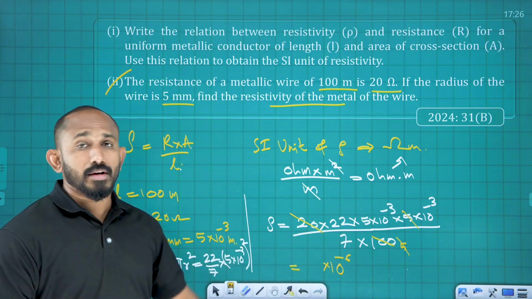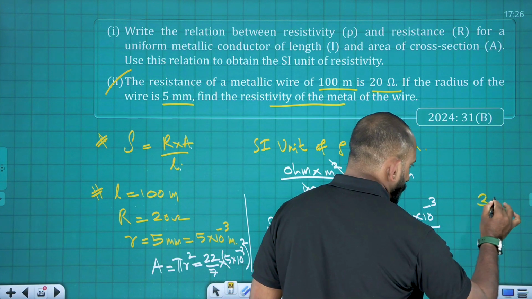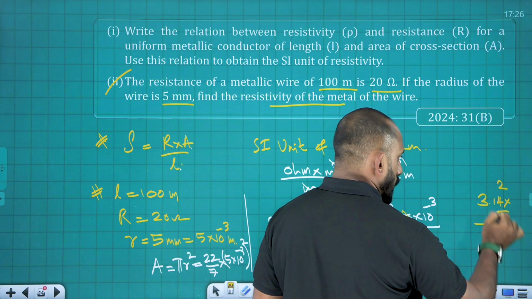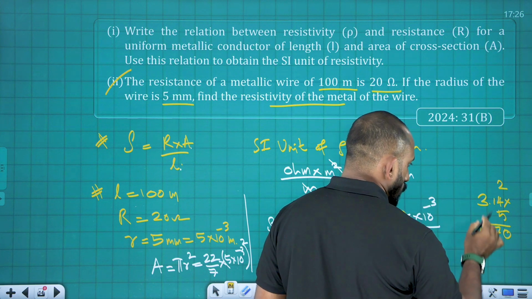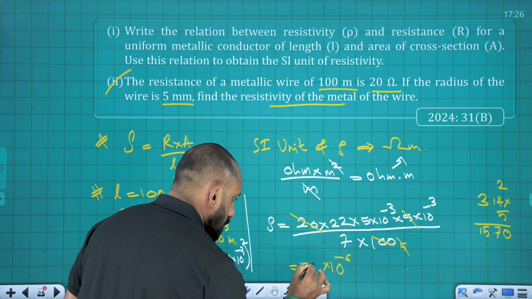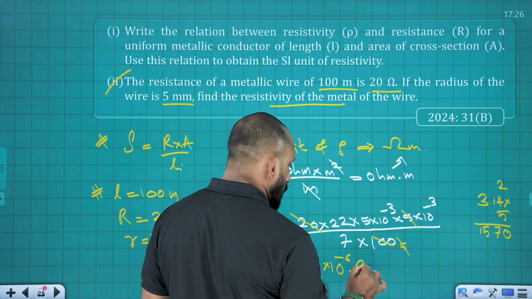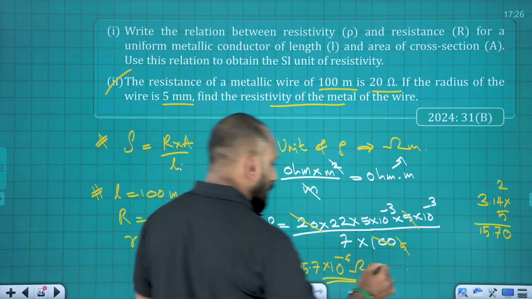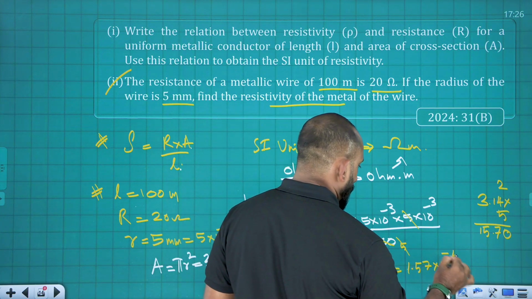So, 3.14 into 5 will be 15.7. So, 15.7 into 10 raised to minus 6 ohm meters you can write. The standard way of writing it is 1.57 into 10 raised to minus 5 ohm meter.